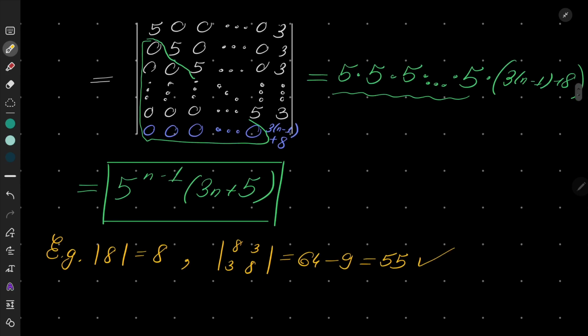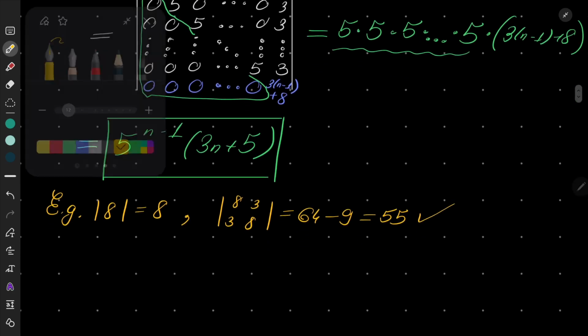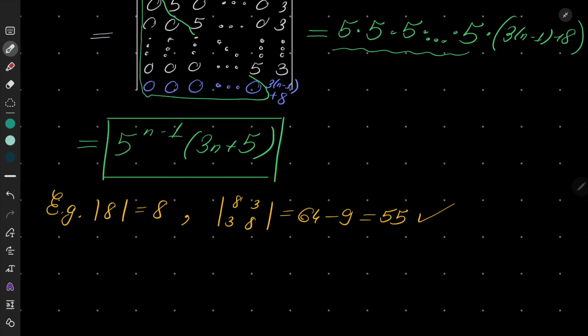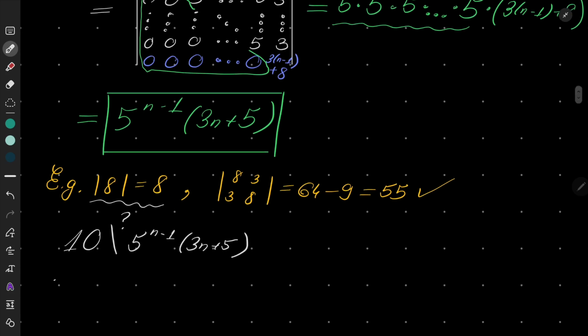It works. And now the second part of our problem. When is our number divisible by 10? Well, let's look. If n equals 1, we see that our number is not divisible by 10. So n must be greater than 1. And if n is greater than 1, this number is divisible by 5.